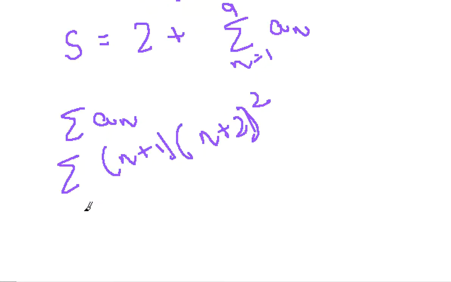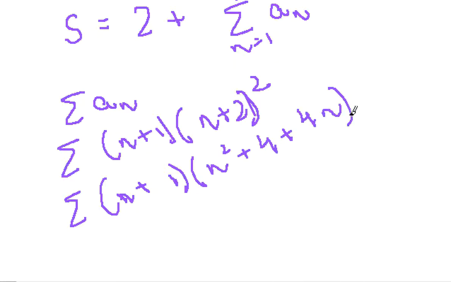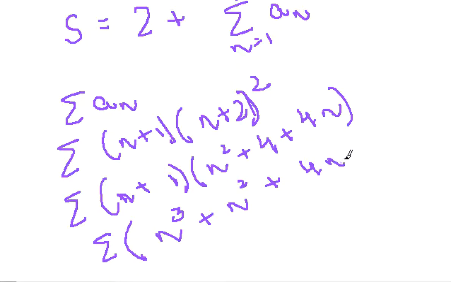Now opening this expression, we get n plus 1 into n plus 2 whole square, which is n square plus 4 plus 4n. We can multiply these two expressions. N square into n is n cube plus n square plus 4n plus 4 plus 4n square plus 4n.